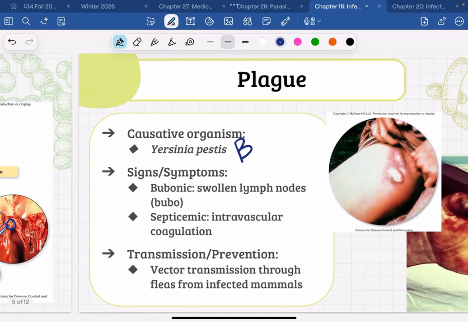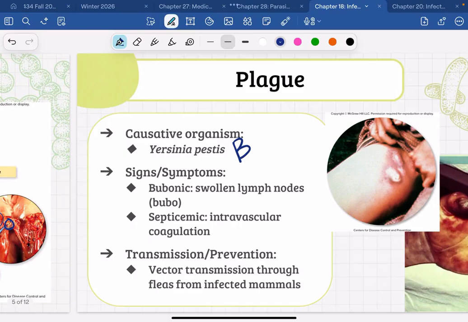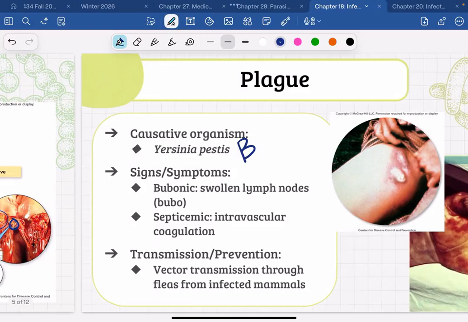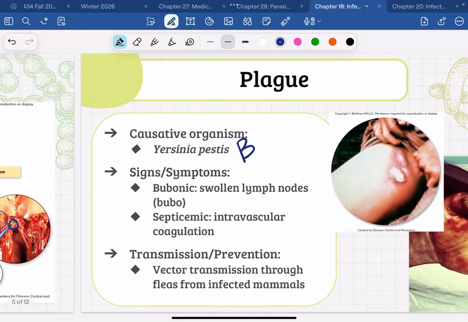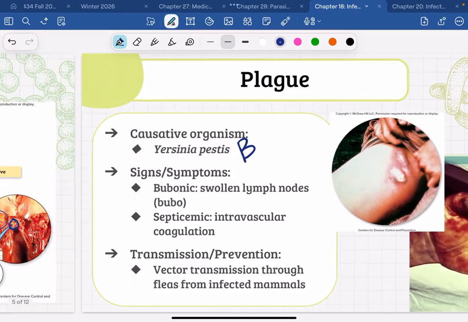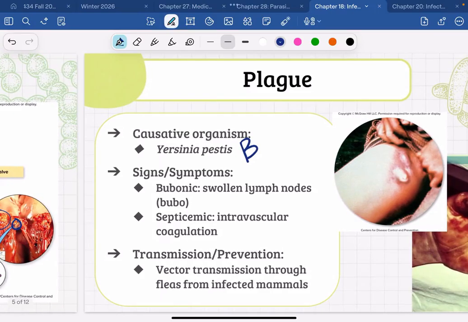They all travel there, and the lymph nodes digest them and get rid of the bad things. But Yersinia pestis has the dangerous capability of being able to grow there. The white blood cells will phagocytize the bacteria and then carry it to the lymph nodes, thinking that's where it's going to be destroyed, and the bacteria actually takes over and colonizes the lymph nodes.